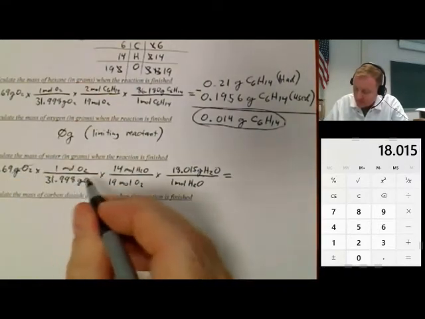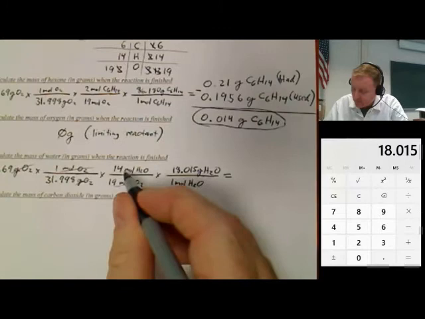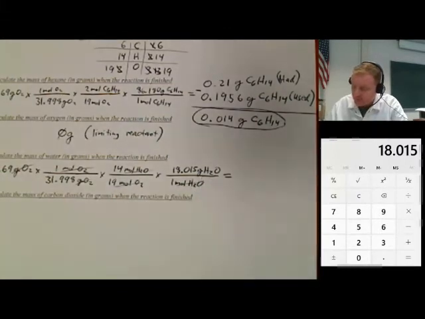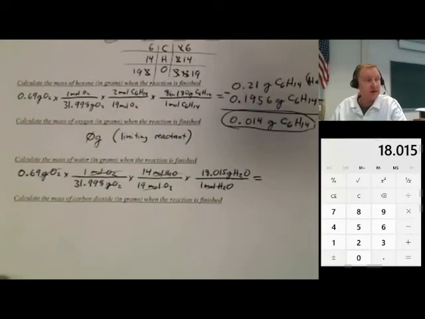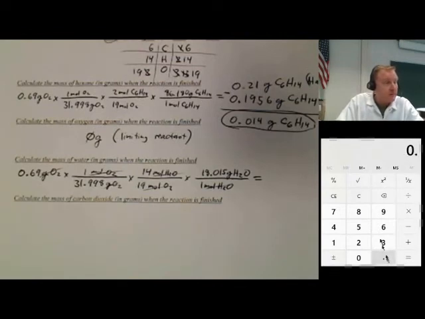Grams of water cancel, moles of oxygen cancel, moles of water cancel. We're in grams of water. So we'll string that number together. 0.69 divided by 31.998 times 14 divided by 19 times 18.015.